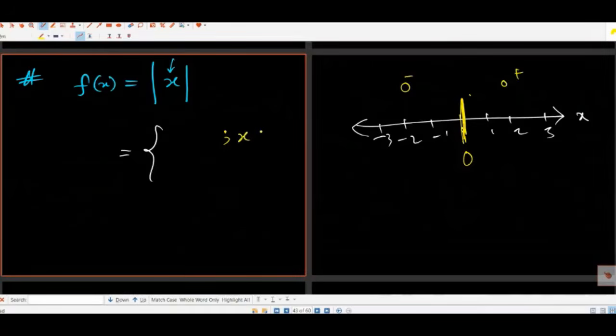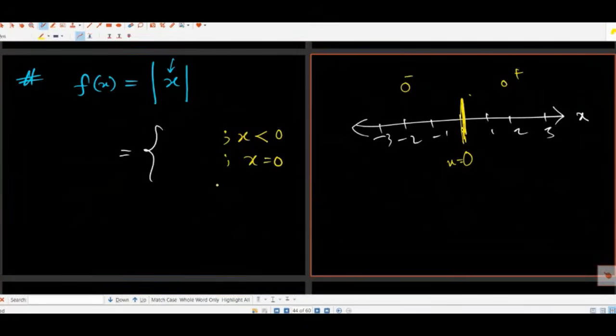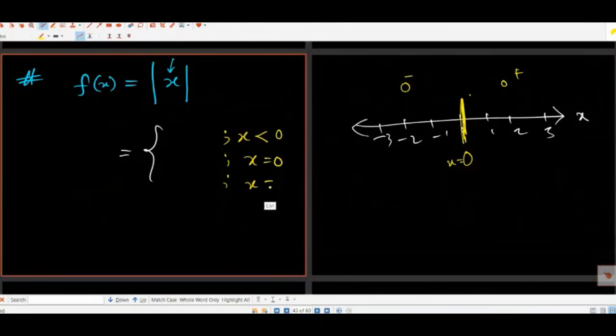We first make some assumptions: x less than 0, then x equals 0, and finally x greater than 0. What will be the case if x is greater than 0? Then it will be positive x, just thinking about the inside quantity. If x equals 0, then inputting 0 we get another piece, that is 0. If x is less than 0, the inside quantity will be negative x. This is how we break down an absolute value function to a piecewise function.